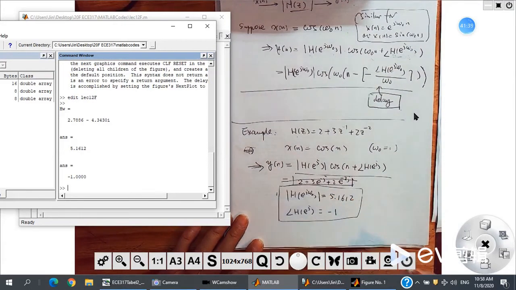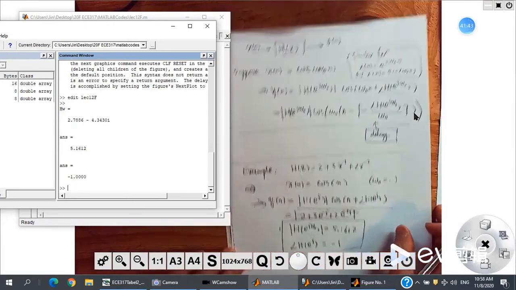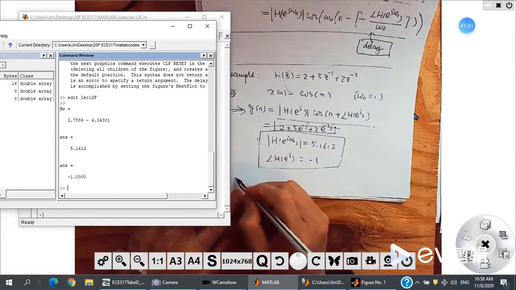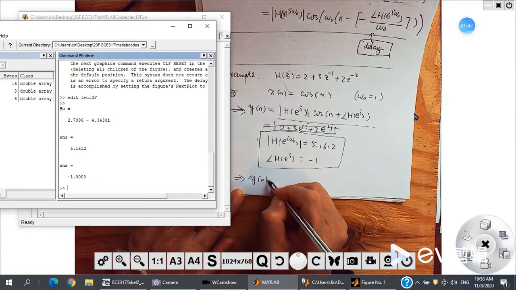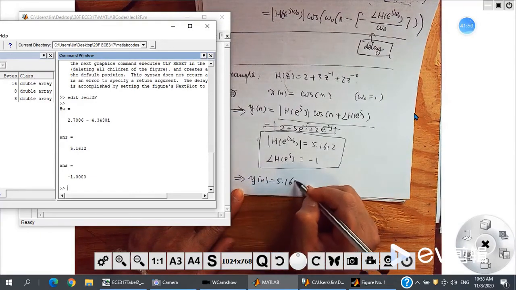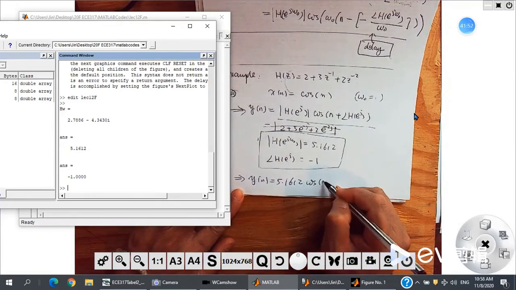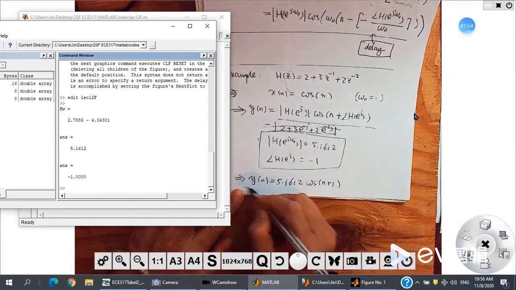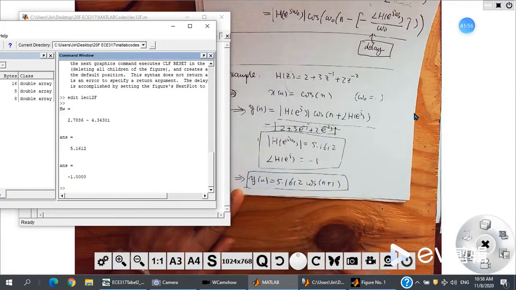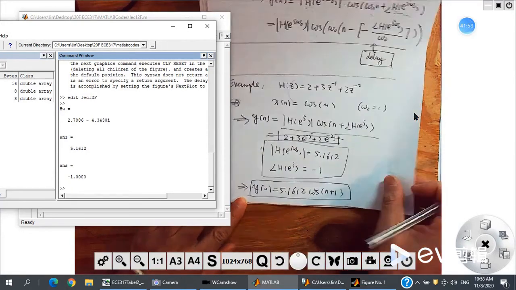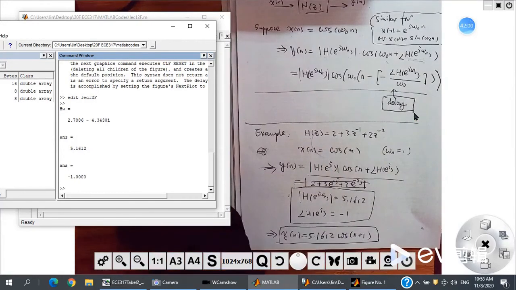So the output will be 5.1612 times cosine of n plus 1. And we can see what will happen here.